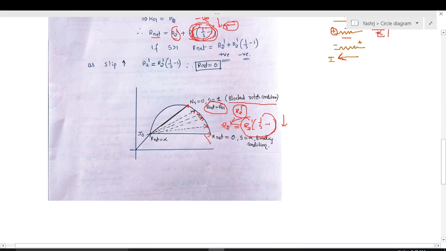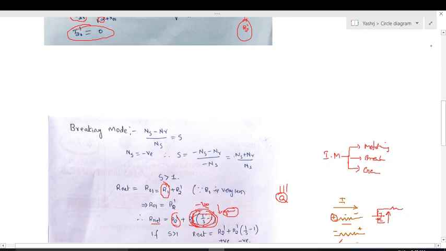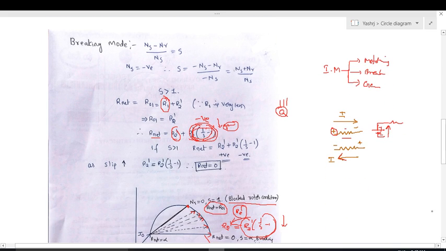So we should apply the brakes. Suppose the rotor speed NR is 1400 rpm. At this condition maximum generation takes place, so the equivalent mechanical resistance will be equal to R2 dash, and the net resistance is 0 under braking mode.